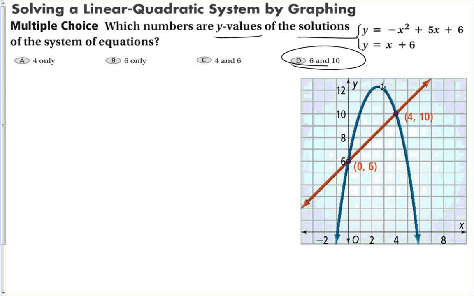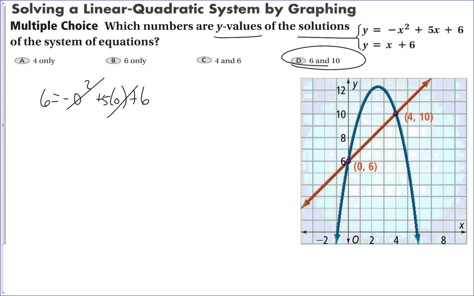Now, you can check to make sure that these solutions are right by finding your equations and then plugging in your point and making sure that both sides equal the same thing. So for the first one, let's put in (0, 6). So we're going to have 6 equals negative 0 squared plus 5 times 0 plus 6.